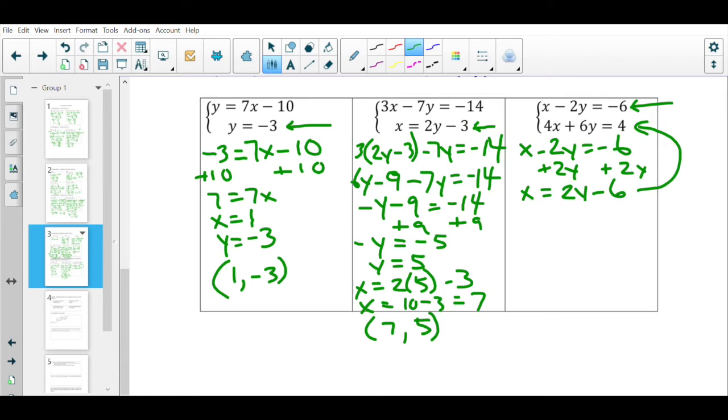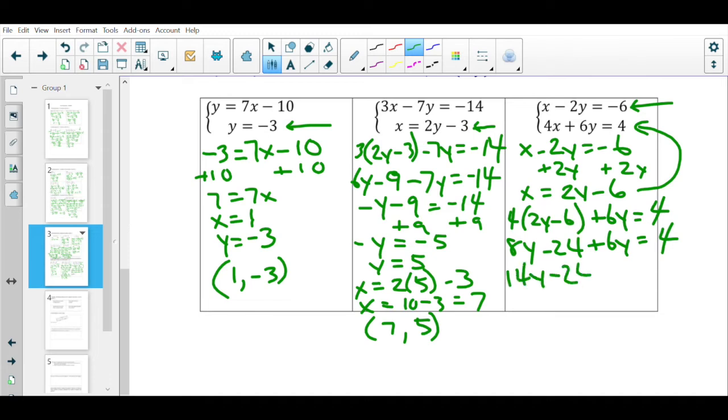So that's 4 times 2y minus 6 plus 6y equals 4. That's 8y minus 24 plus 6y equals 4. That's 14y minus 24 equals 4. Let's isolate y, so we have 14y equals 28. y equals 2.